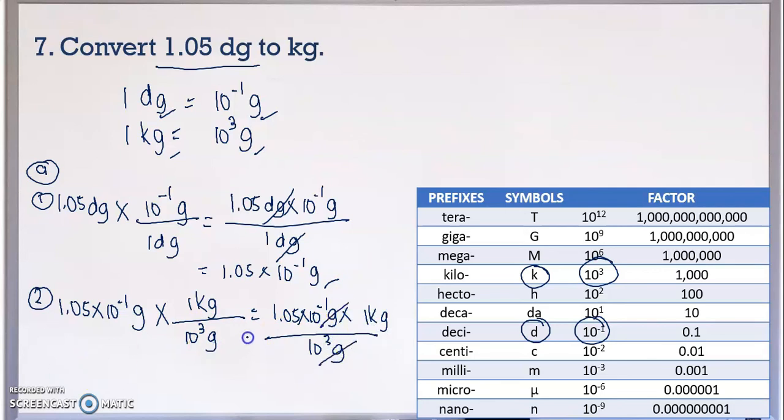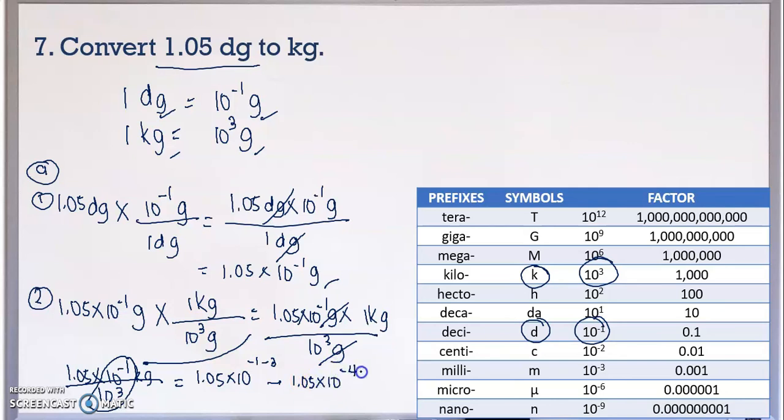Cancel out gram, and the answer would be 1.05 times 10 raised to negative 1 kilogram over 10 raised to negative 3. Subtract the exponents. Negative 1 minus positive 3. Our final answer is 1.05 times 10 raised to negative 4 kilogram.